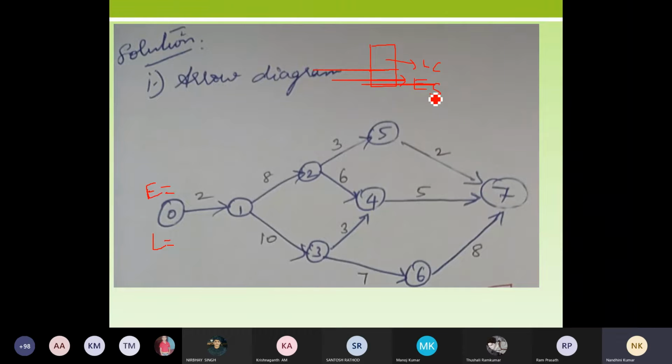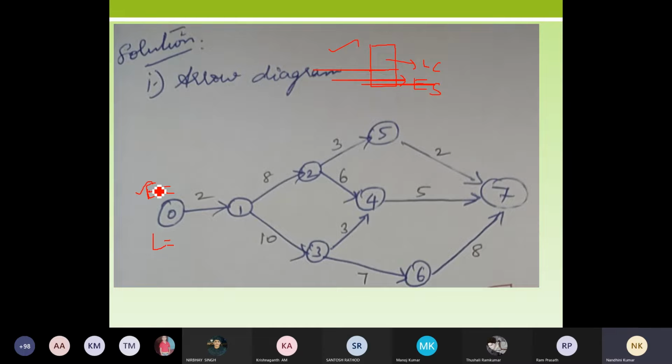You have to mention it near your diagram, only then I'll be able to understand which is ES and which is LS. Probably one will prefer to take the upper part and the other will prefer to take the lower part. Whichever you're comfortable with, you can take, but do mention it in your network diagram so that it will be easy for me to check it. So you can either go by this box method or you can draw like this.